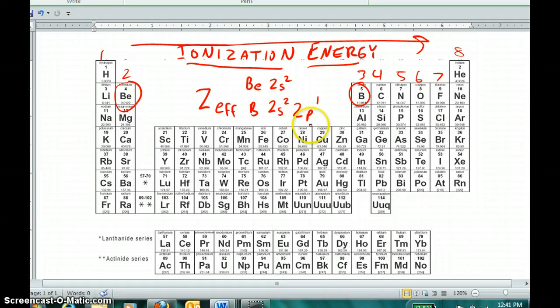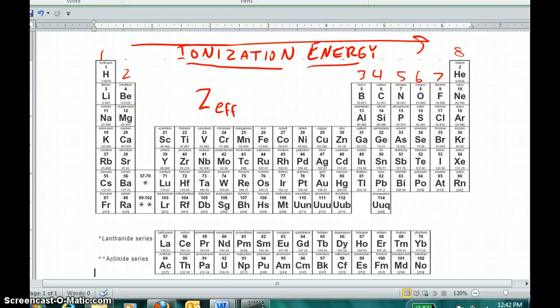And that's because a p sublevel electron already has more energy than an s sublevel electron, and it's significantly greater energy, as a matter of fact. And because the p sublevel electron has so much more energy than the s sublevel electron, it's in fact easier to ionize rather than harder, despite the greater effective charge of the group 3 atom.